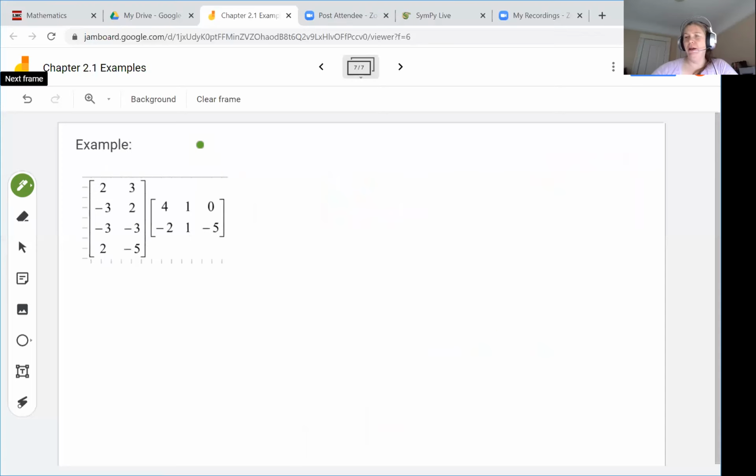All right, so I put some more space here so I can work out our example by hand. And then we'll go see how to do this calculation in SymPy. Okay, so for my first calculation here, and I'm going to go slow because I'm likely to make an arithmetic mistake somewhere, we are going to take 2 times 4.